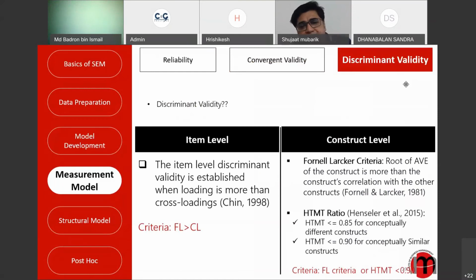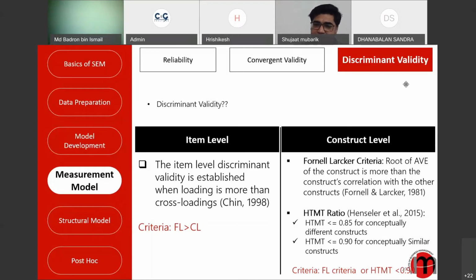Okay, discriminant validity at the item level we check through cross-loading. Now, what is cross-loading? Cross-loading is the loading of an item on another construct. For example, I have two constructs. One is the construct of human capital. The other is the construct of innovation performance, or innovation.